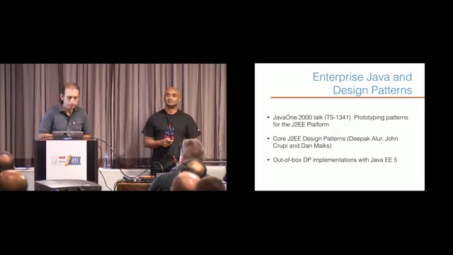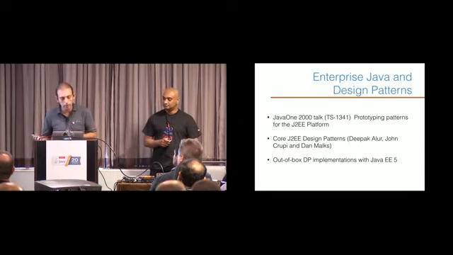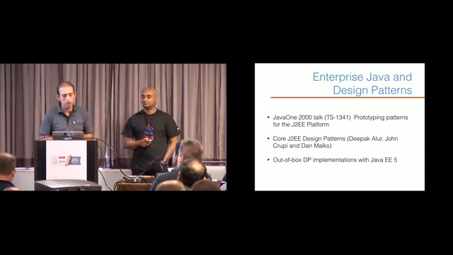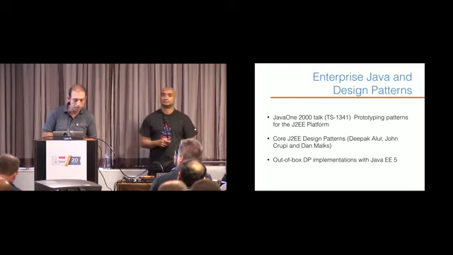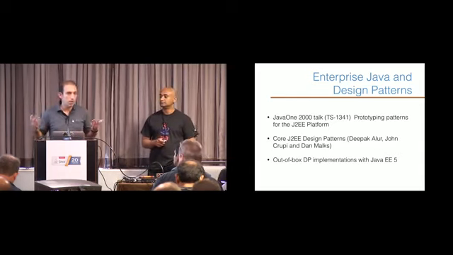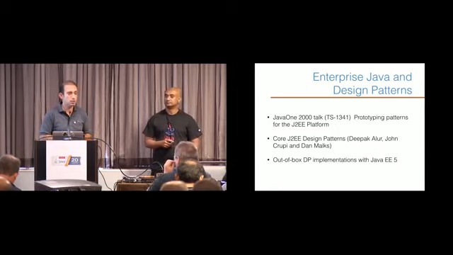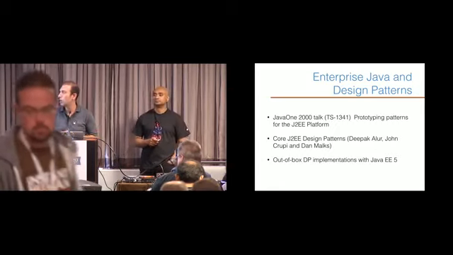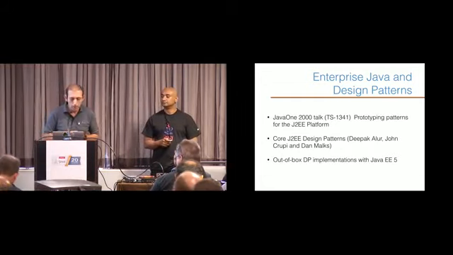And after that, at JavaOne in 2000, there was a talk about patterns for the Java EE platform, which became a very successful session and became a book, which has been a standard for a long time.